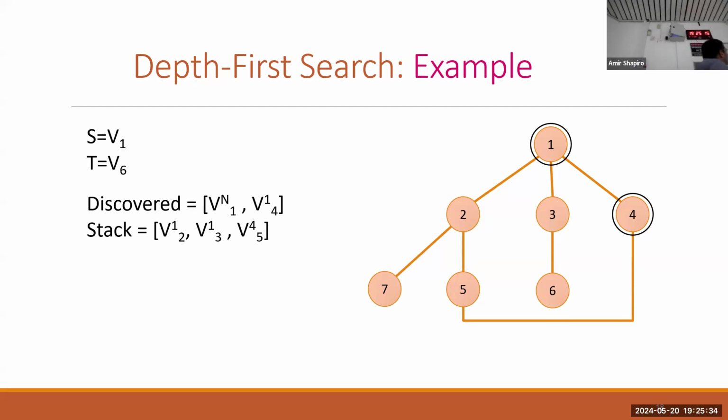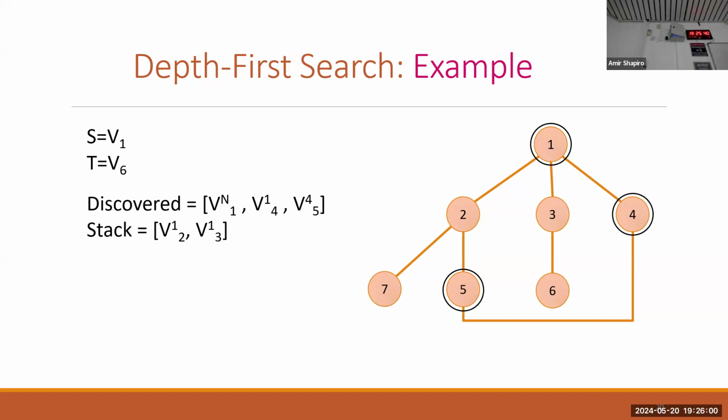And then next step, we'll pop the last one from the stack. So it will be 5. So we move here. We move 5 from the stack, and we look at its neighbors.